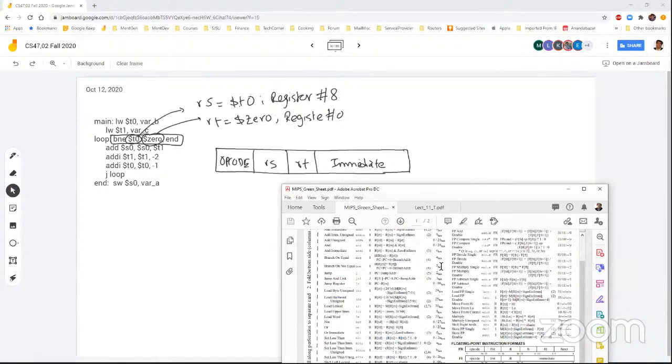So the opcode is 5 hex. Remember, this is 6-bit, this is 5-bit, this is 5-bit, and this is 16-bit. So BNE is 5. Next part is RS. RS we already retrieved, which is 8, and RT is 0. Then the question is, what is this one, right? So this one we calculate like this.